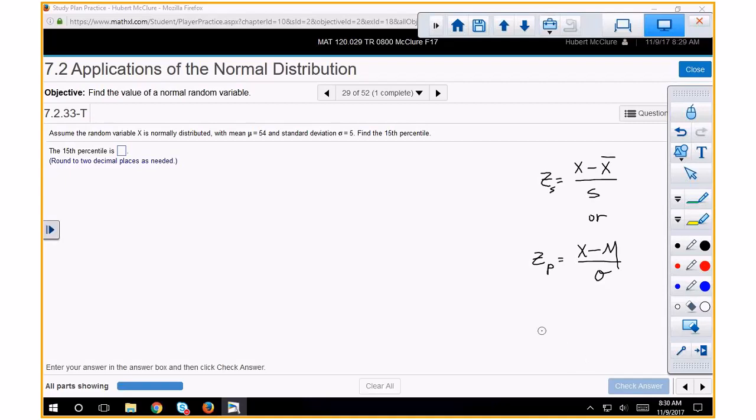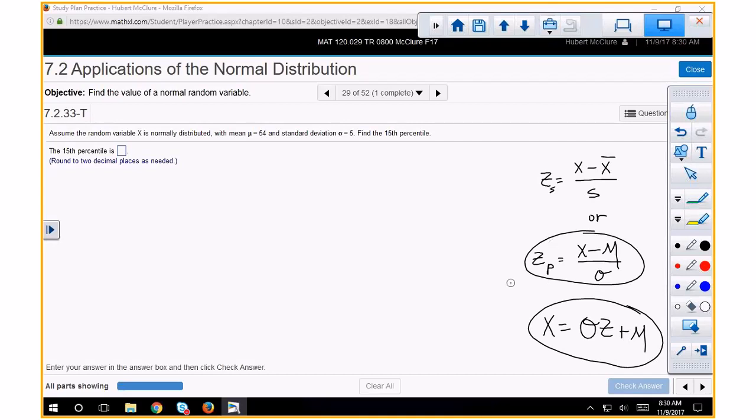And x is equal to zσ plus μ. There's your two formulas. Number 1, number 2. So if you want to pass 7.2, and you want to pass this next test, because 80% of the test is coming from 7.2, you need to know those two formulas.